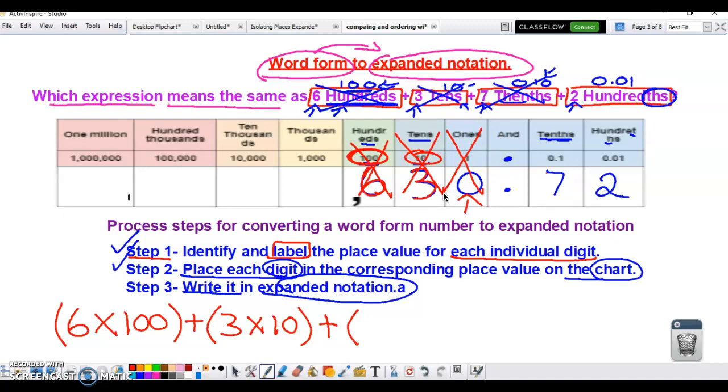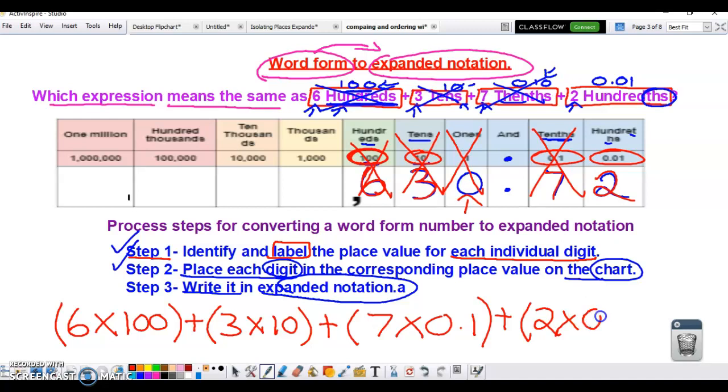Moving on, my next digit is a 7. So 7 times, and that's in the tenths spot, so times 0.1, close bracket, and let's go ahead and finish the last one. It's a 2 times the hundredths place, so you place it as such. And you're finished. That is the 3 steps that you need to work on today.